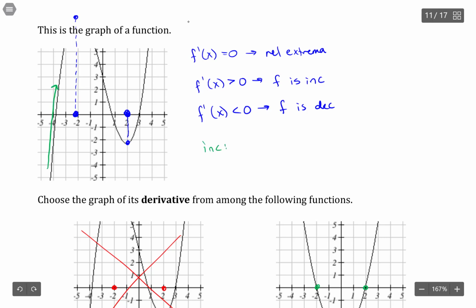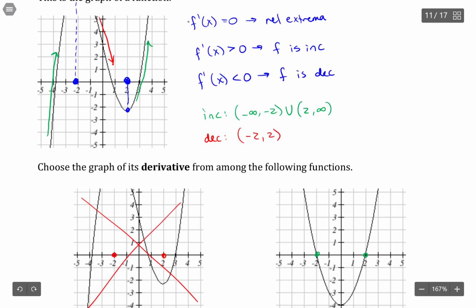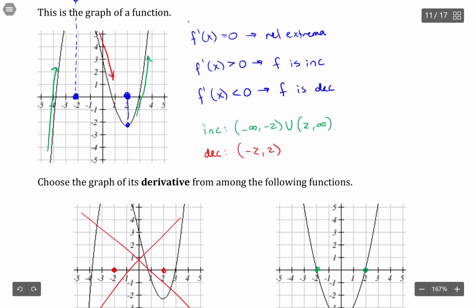So we're increasing from -∞ to -2, and then we're increasing again over here on this interval, so from 2 to +∞. And then I'm decreasing in value on this interval, so I'm decreasing from -2 to +2. So I need to determine which of those matches that.